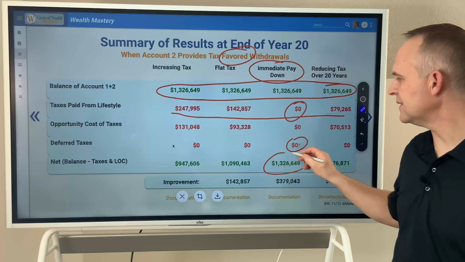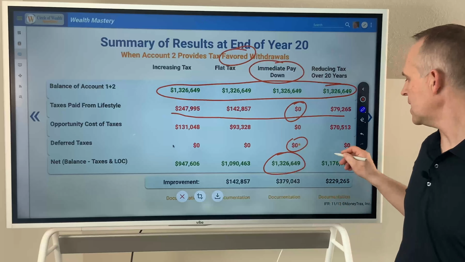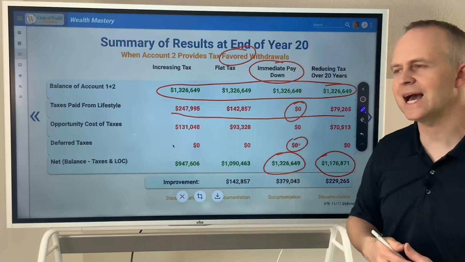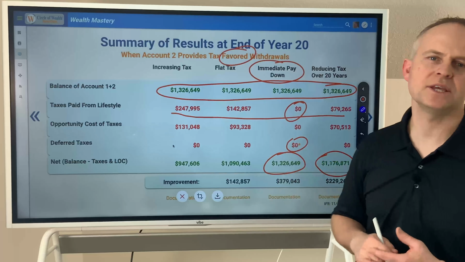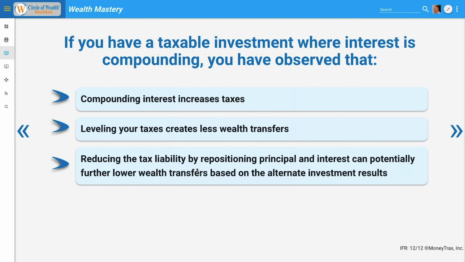Net result in this case, of course, would be a better situation, but there are other options as well that would be more of a tax deferral or moving it over 20 years or flatten it. There are a lot of different examples, but the point is that you want to do everything you can to minimize your taxes. All right, so in summary, if you have a taxable investment where interest is compounding, you have observed that compounding interest increases taxes.